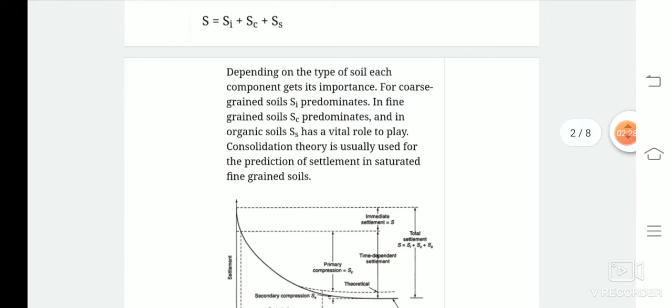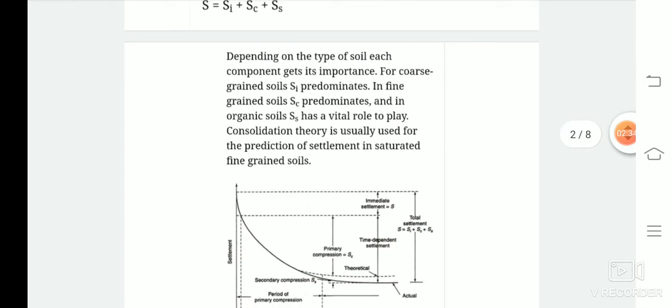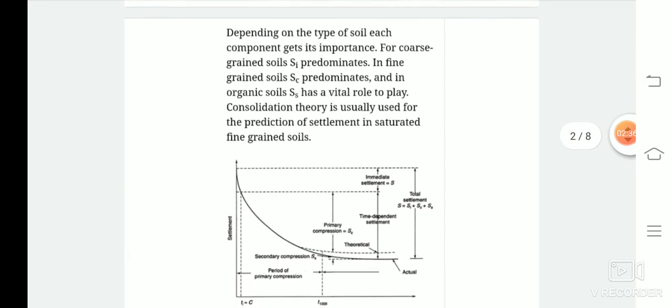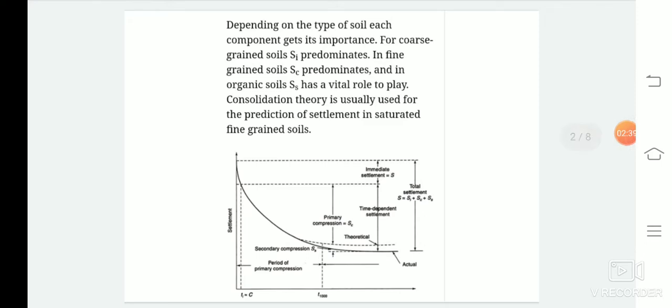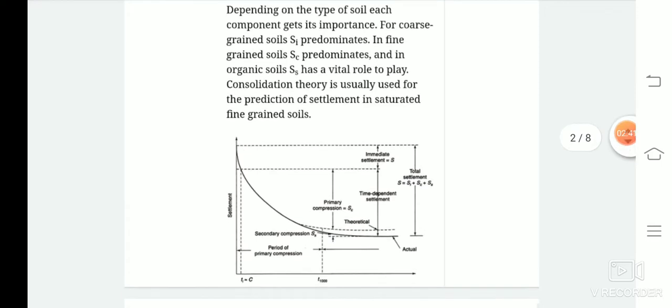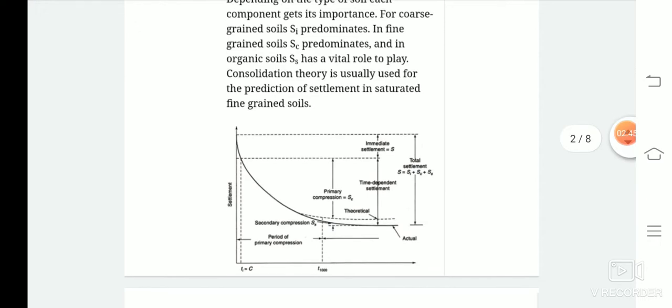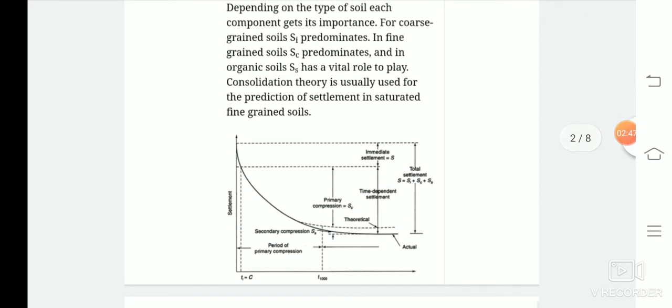So, each component of the settlement mainly gets its importance from the type of soil. As I have discussed, immediate settlement normally depends on coarse grain soil. Hence, SI predominates for coarse grain soil. Normally, in fine grain soil such as clay and silt, as we have already discussed, they have the water retentive property.